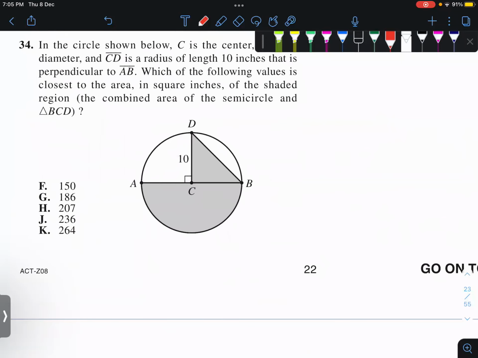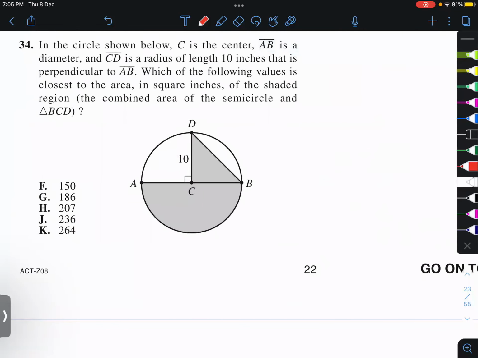Next question, 34. The circle below, C is the center, AB is the diameter, and CD is the radius of length 10 inches, that is perpendicular to AB. Which of the following values is closest to the area in square inches of the shaded region?